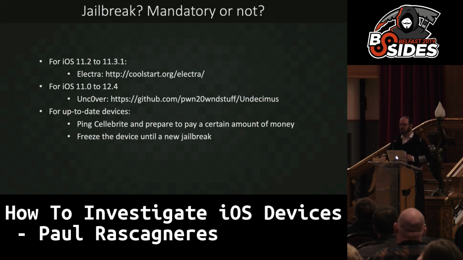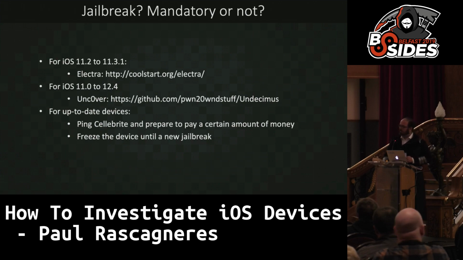For example, you can say on your device, no, in fact, I'm not an iPhone, I'm an Apple TV. By doing that, you block the update system of Apple, and wait for the next jailbreak. You don't have other solutions than to wait for a jailbreak if you want to perform a forensic investigation on the device, or install an application, or whatever.